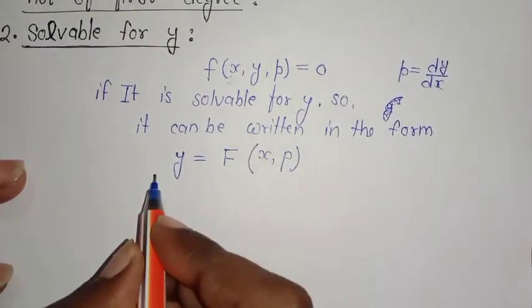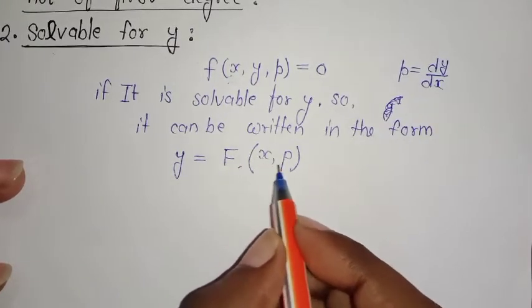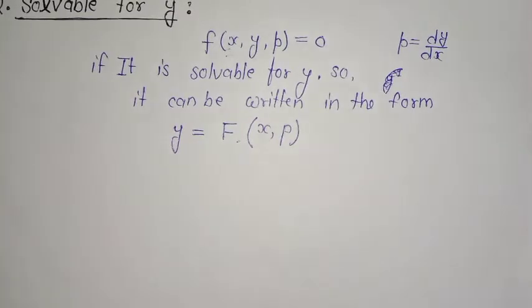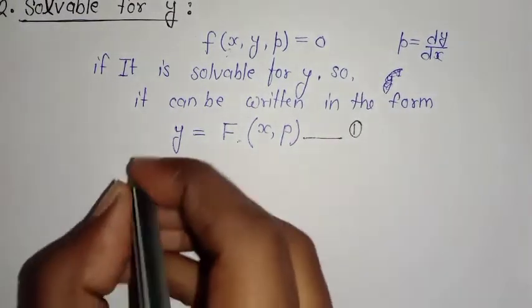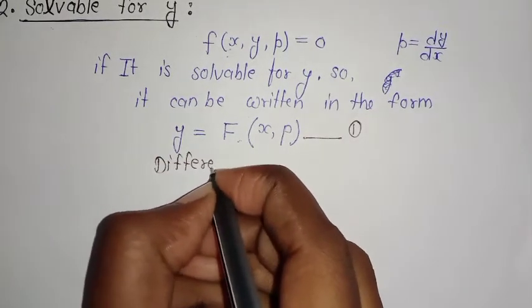After taking y at one side, the terms which remain here are a function of only x and p. Now we will differentiate this equation with respect to x. Suppose this equation is 1.